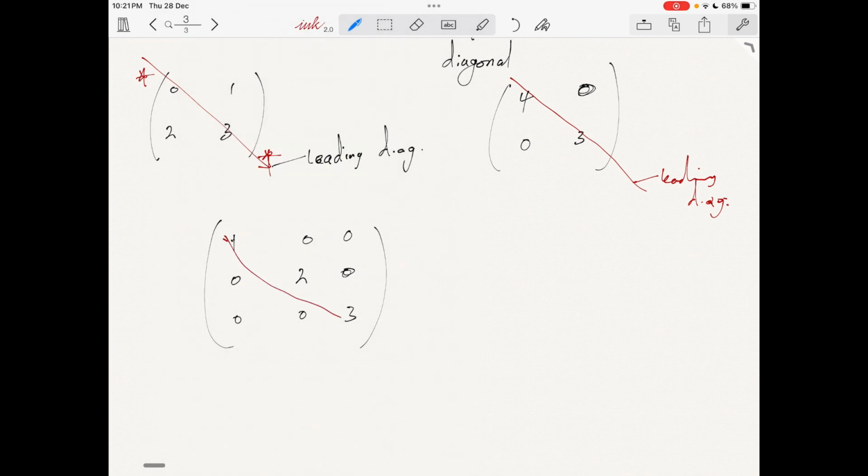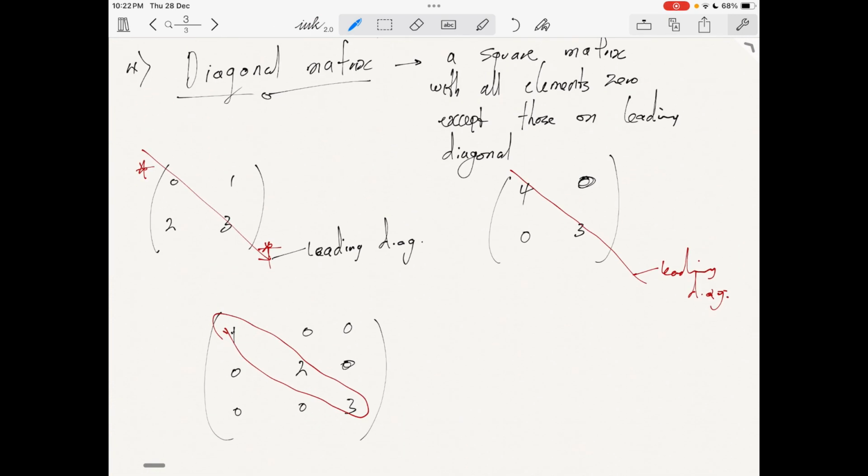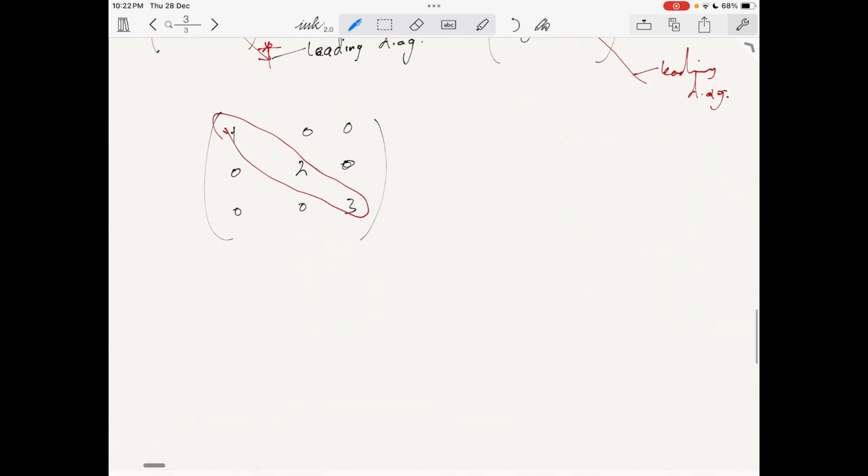So we will call this a diagonal matrix. Now the next type of matrix we'll be looking at is the unit matrix. The unit matrix.